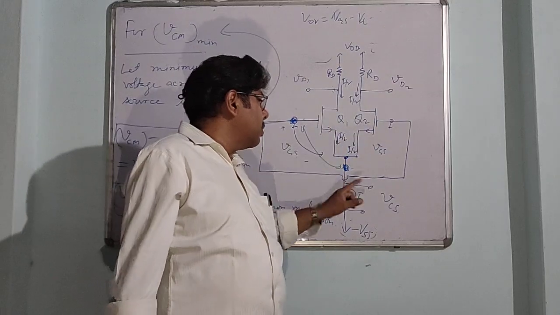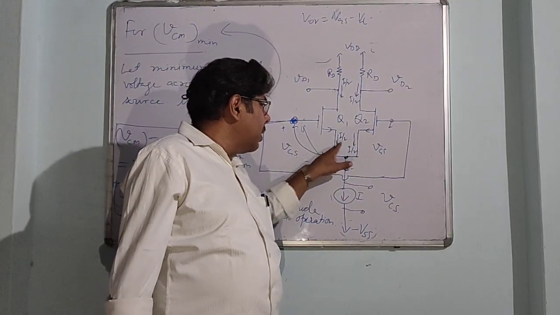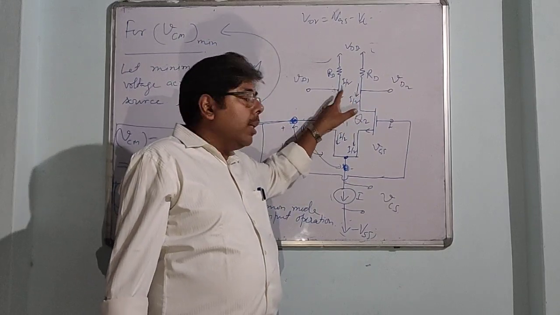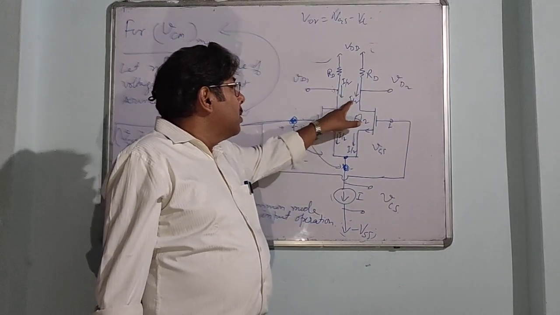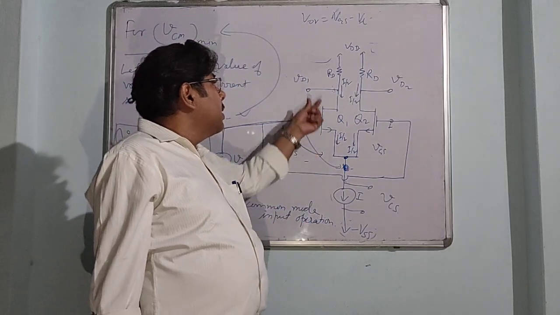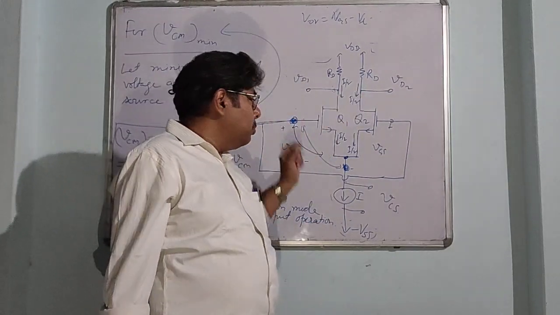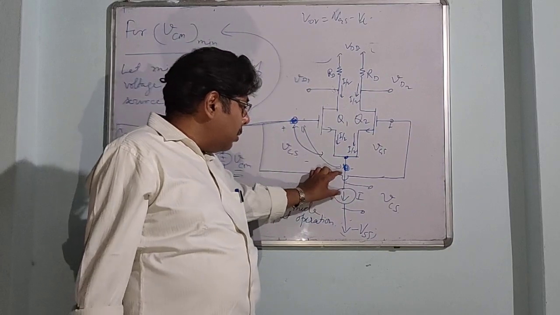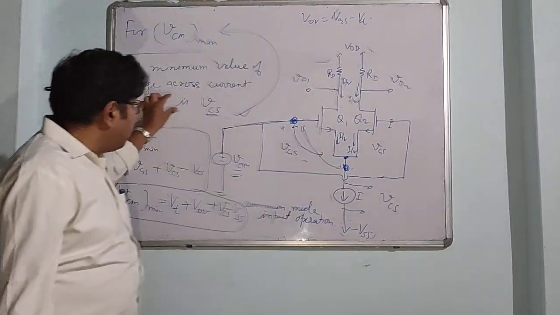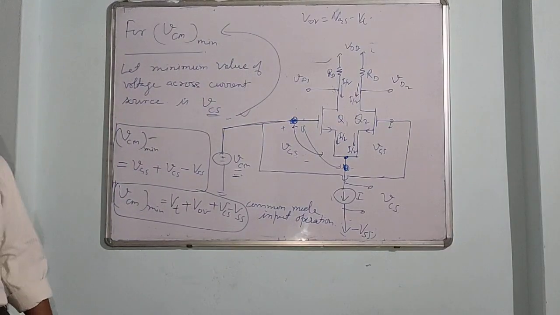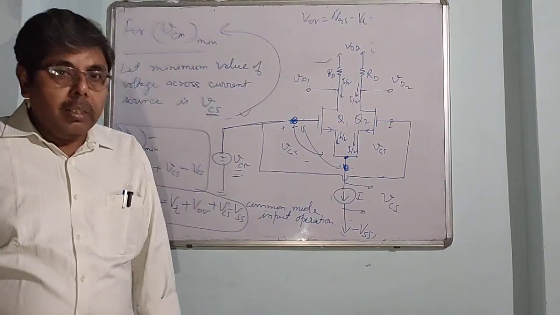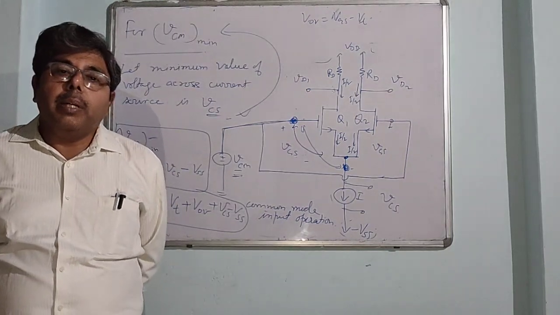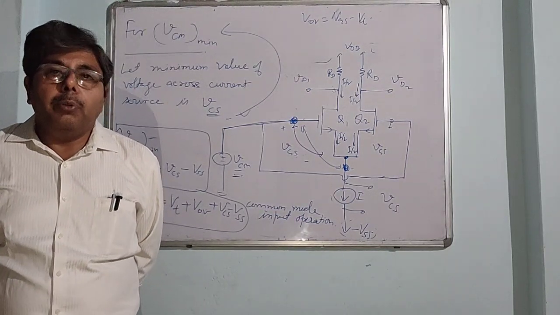Obviously gate currents are 0, source currents are equal, I by 2, I by 2, and drain currents are also equally divided, I by 2, I by 2. We can calculate VD1, VD2, the gate voltage, and VCM maximum and minimum. So all these things are for the MOS differential pair common mode input operation.